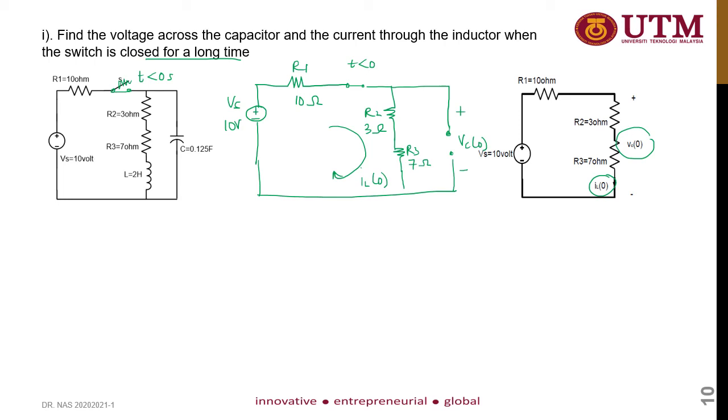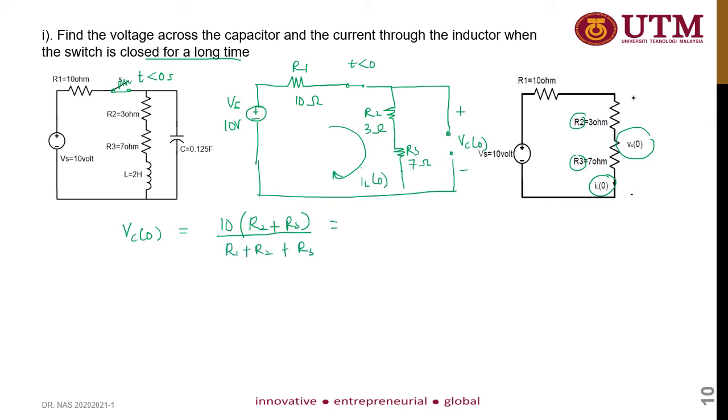So from the loop, VC naught equal to, so you can perform voltage divider. From the source, it's 10 multiplied with R2 plus R3 divided by the total impedance, R1 plus R2 plus R3.